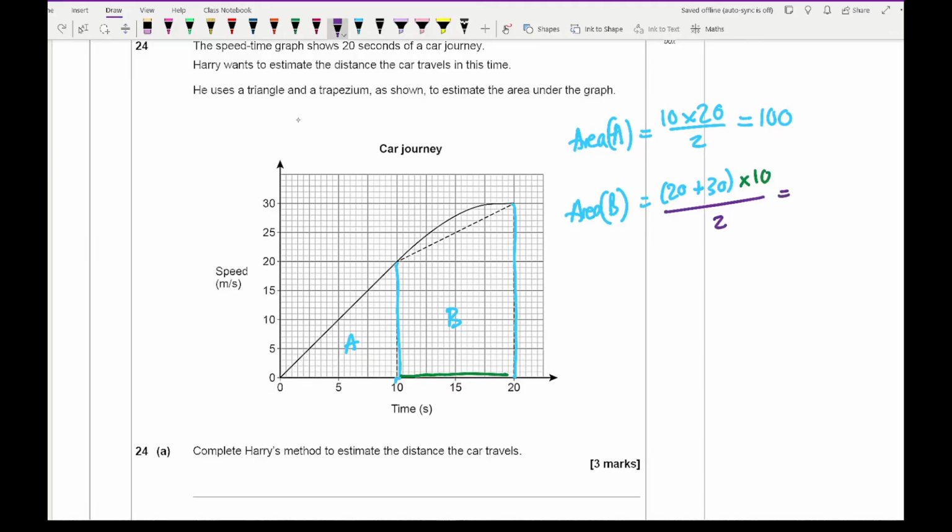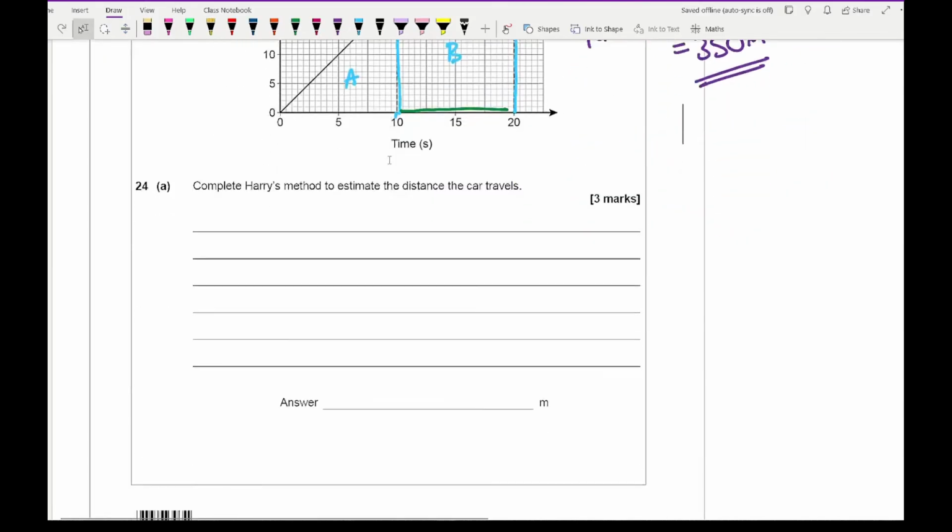And I type that all into my calculator, I get an answer of 250. So then the total distance is going to be 350, and it's going to be in meters or miles, whichever the m's represents.